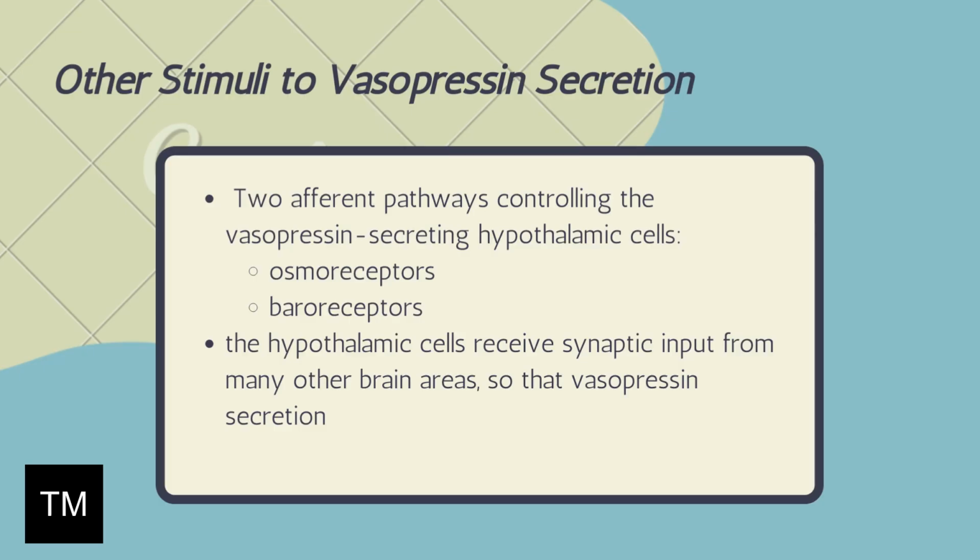So based on our previous discussion, we have learned two afferent pathways that control the vasopressin secreting hypothalamic cells. These are the osmoreceptors and the baroreceptors. Hypothalamic cells receive synaptic inputs from many other brain areas in order for vasopressin secretion to be altered by pain, fear, or a variety of drugs. This applies to urine volumes and concentration.